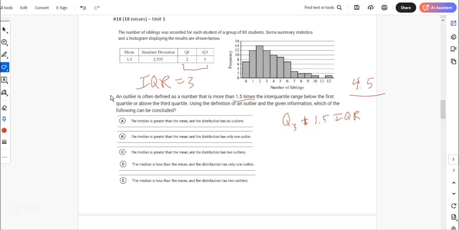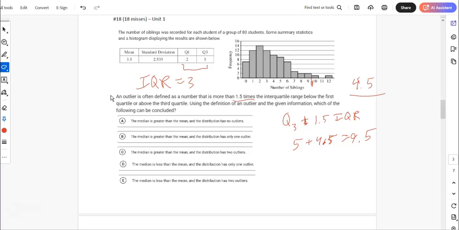Well, we just said 1.5 IQR is 4.5, so Q3 is 5 plus 4.5, which is 9.5. That's our upper fence. So is that an outlier?